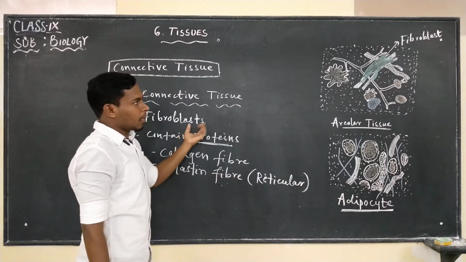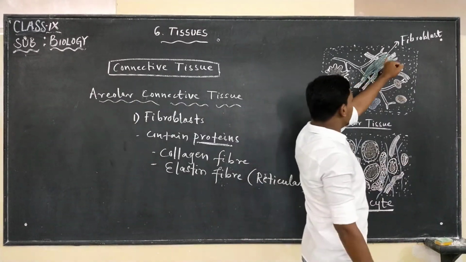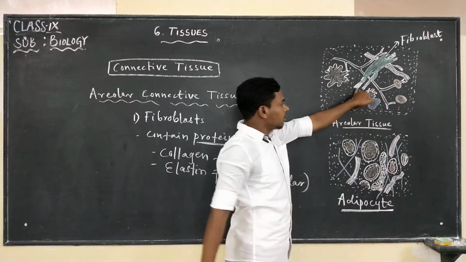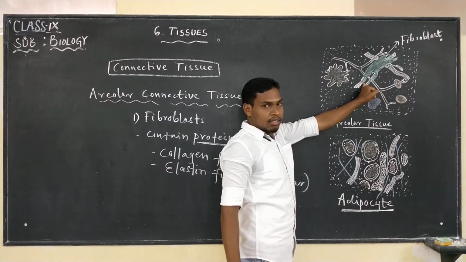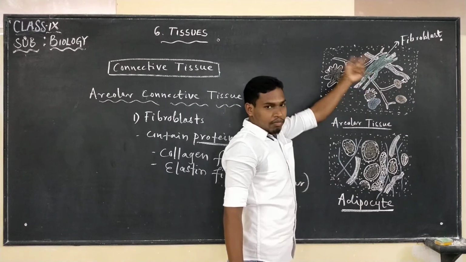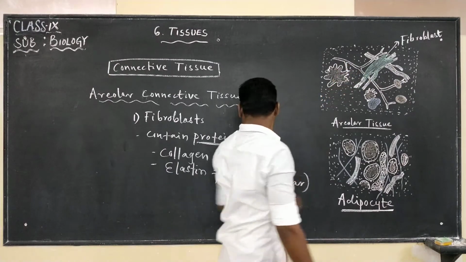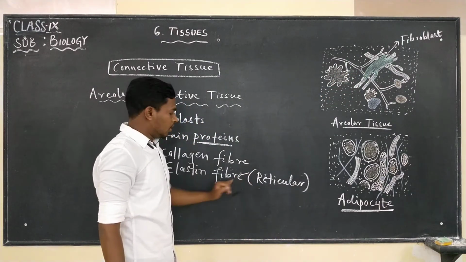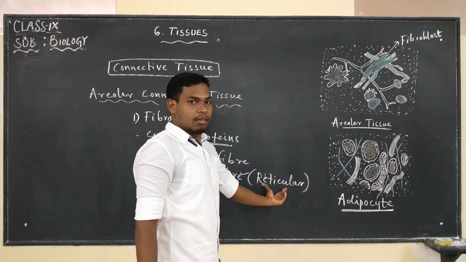This is the fibroblast, and it has collagen fiber. This fibroblast also generates elastin protein, whose other name is reticular fiber.